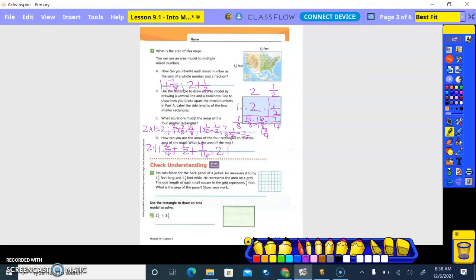So 2 plus 1 12/16 plus 8/16 plus 7/16 equals, what's 2 plus 1? 3, right? 12 plus 8 is 20 plus 7 is 27/16, which equals what? 4 11/16. So 4 11/16. What's our label? Feet squared.